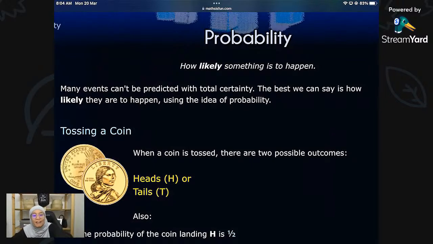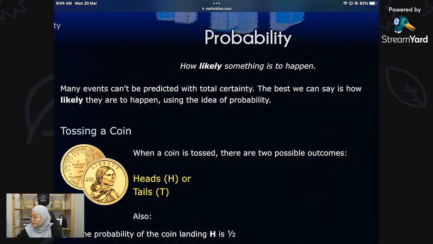Therefore, let's have a look at this example. For probability, the easier example is to toss a coin. When a coin is tossed, if you have a coin, we call it a shilling lah in Malaysia, and if we toss it, we can either get a head or a tail, isn't it?